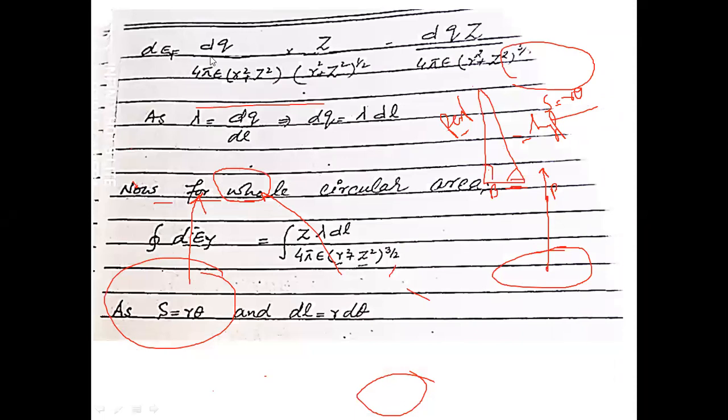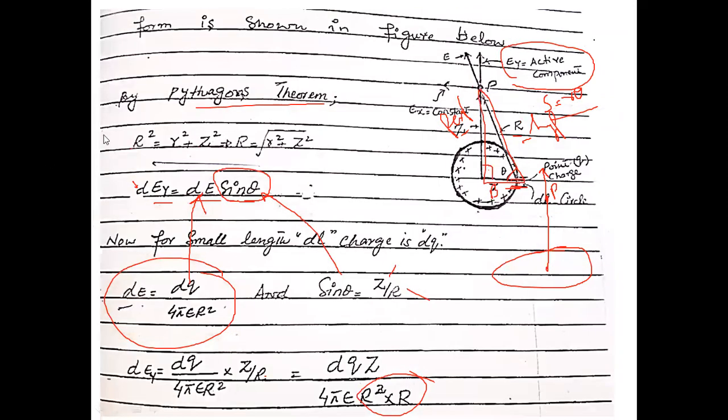So dE_y is equal to dq over 4 pi epsilon into (r square plus z square), into z divided by (r square plus z square) whole to the power 1 by 2. Now this R square is equal to r square plus z square, and R is equal to this.